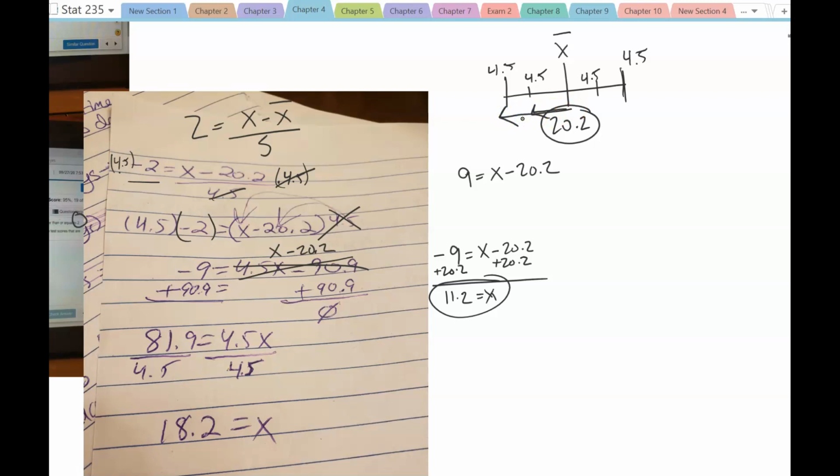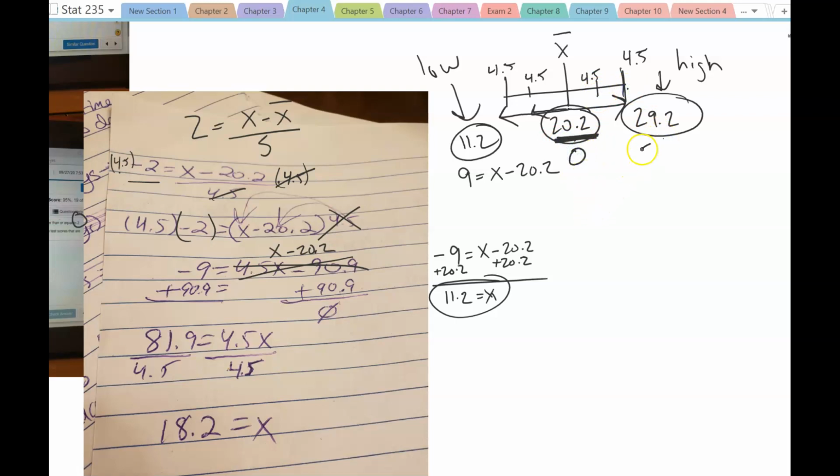So you're subtracting 9, so 20.2 minus 9 gives you 11.2 as the low end. And if I add 9 to 20.2, that's going to give me 29.2. So this would be the low end, this would be the high end. And you can see that the middle is 20.2. If I go 2 standard deviations, this would be a z-score of 0, this would be a z-score of 2, and this would be a z-score of -2.